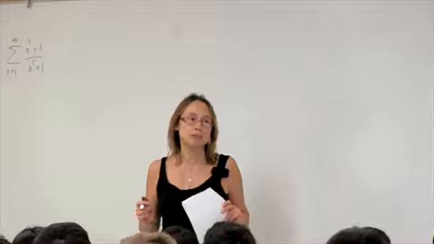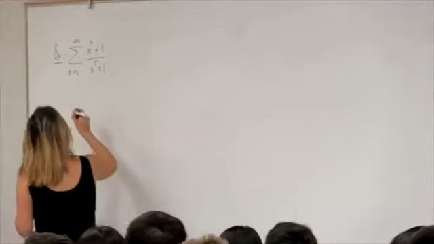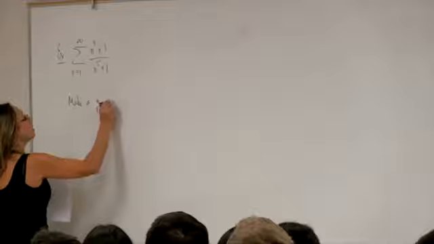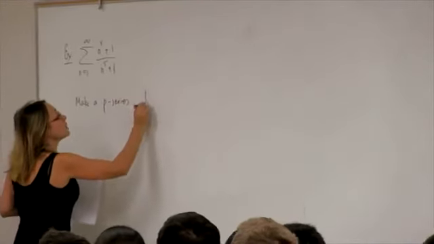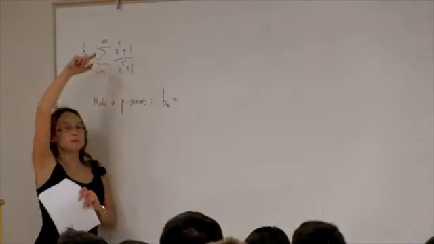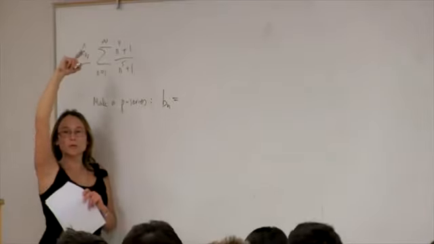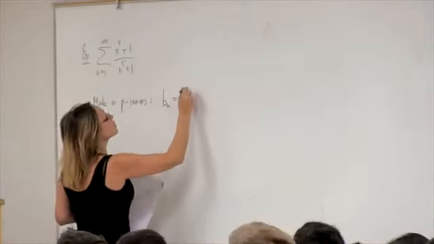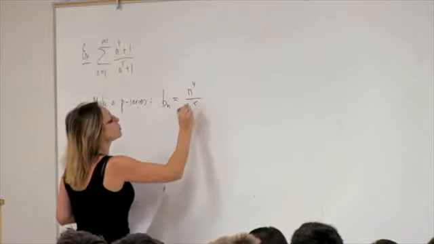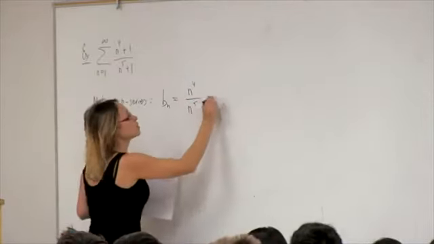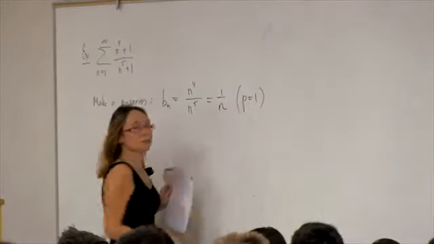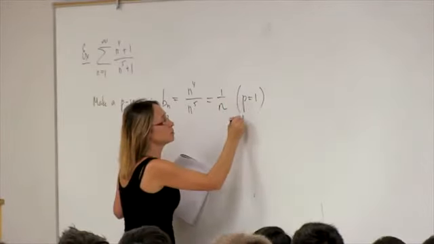I'm going to use a comparison test and compare it with a p-series. How do we make a p-series out of it? So Bn. Remember, I'm keeping the highest power of numerator and denominator to make Bn. So it's n to the 4 divided by n to the 5. That gives me 1 over n with p equals 1, right? So this guy diverges.